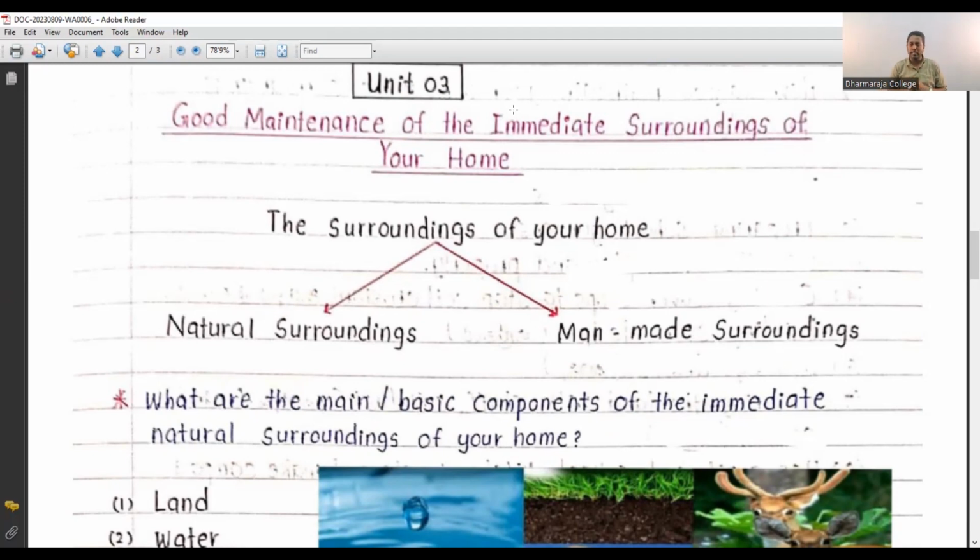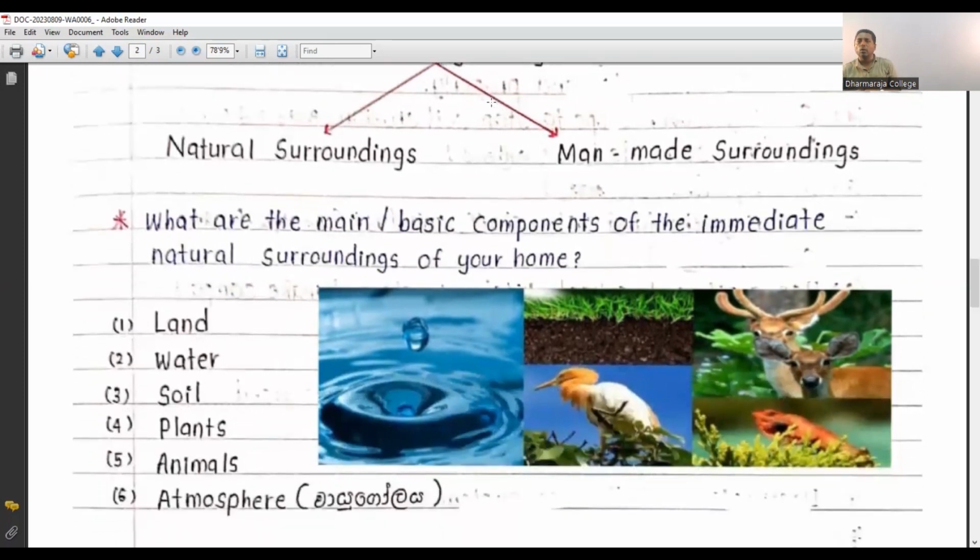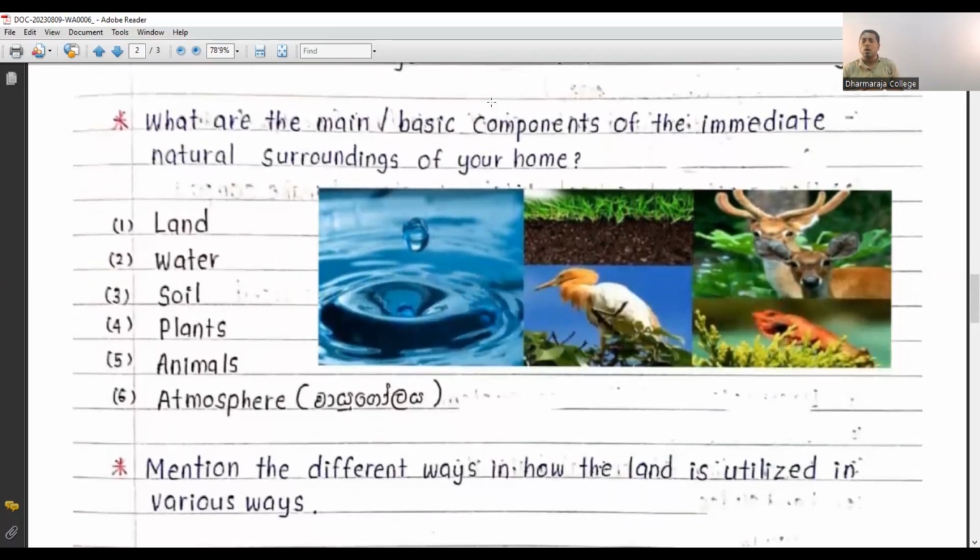Now we are going to understand the main components of the immediate environment of your home, both natural and man-made. Look at the main or basic components of the immediate natural surroundings of your home.